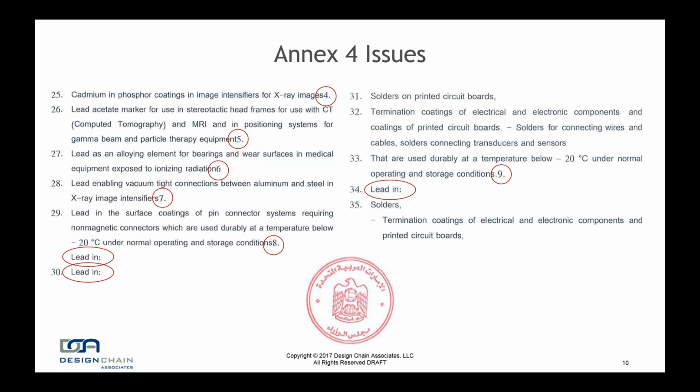And if you say you're using exemption 31, that by itself doesn't make any sense either. What are solders on printed circuit boards exempt from? So I think their layout here is still problematic. Same with exemption 34. So how they're going to deal with this, I honestly do not know, but we've raised the fact to them.